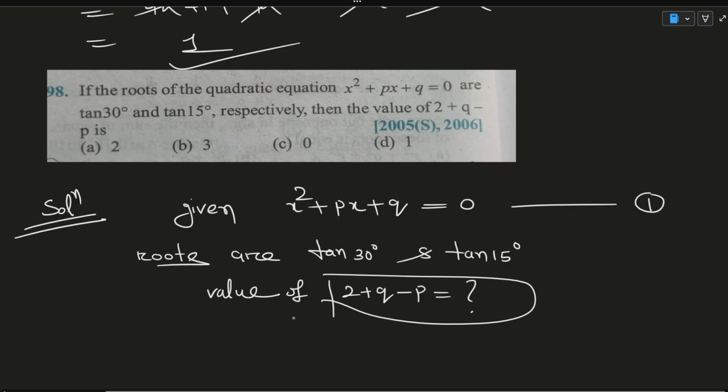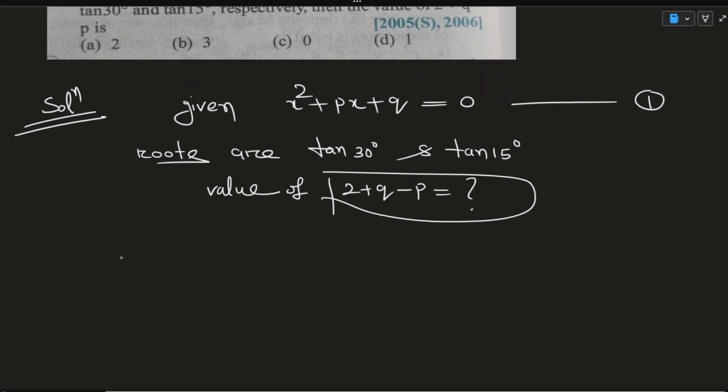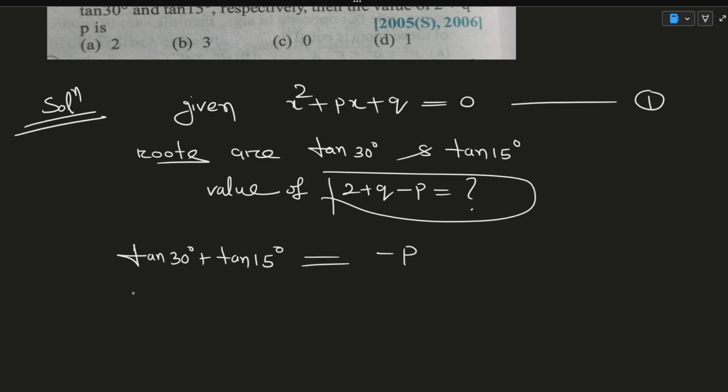Now we'll use the sum and product formula. Tan 30 degree plus tan 15 degree is the sum of two roots, it will be minus b by a, and here we have p in place of b and 1 in place of a, so it will be minus p. That is equation 1.